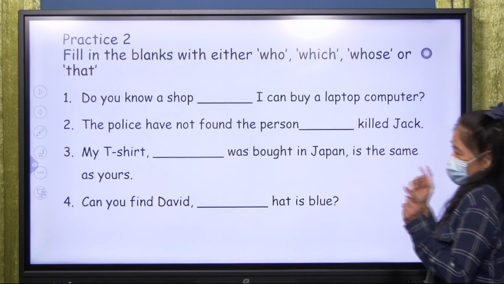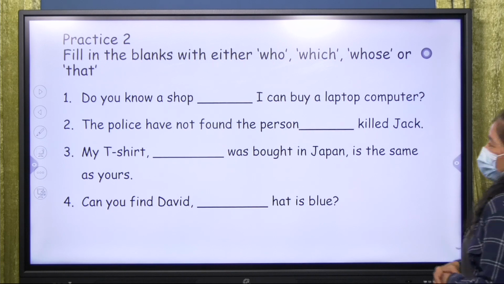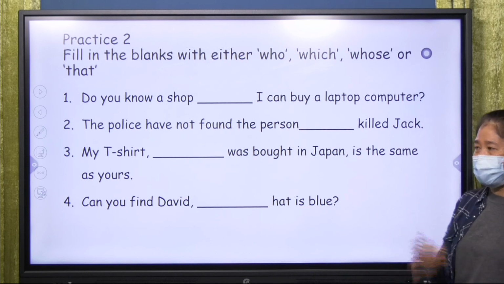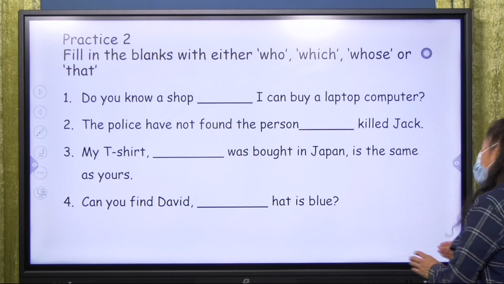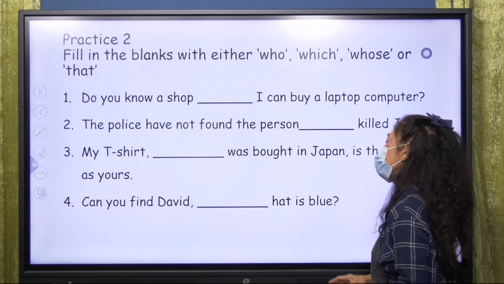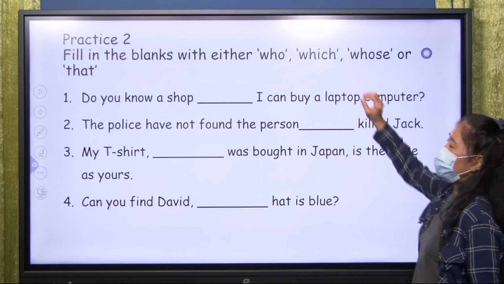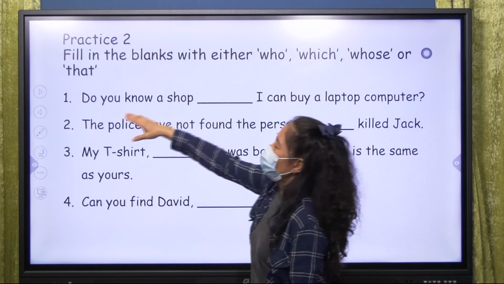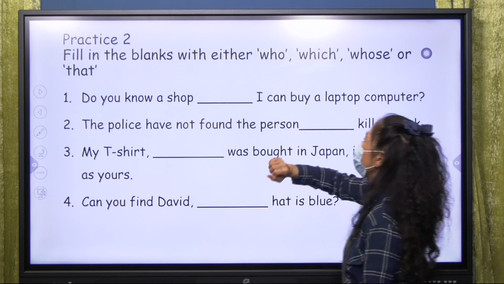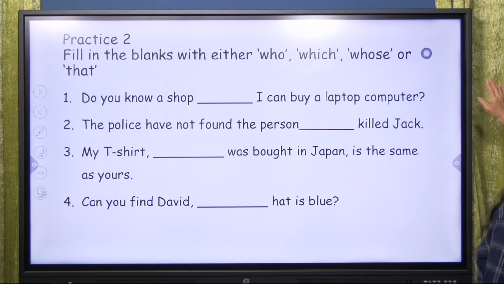Okay, let me check whether you know how to use the relative pronoun properly. Now you know how to find which one is a defining clause and which one is a non-defining relative clause. Let's work out number 1. Do you know a shop where I can buy a laptop computer?